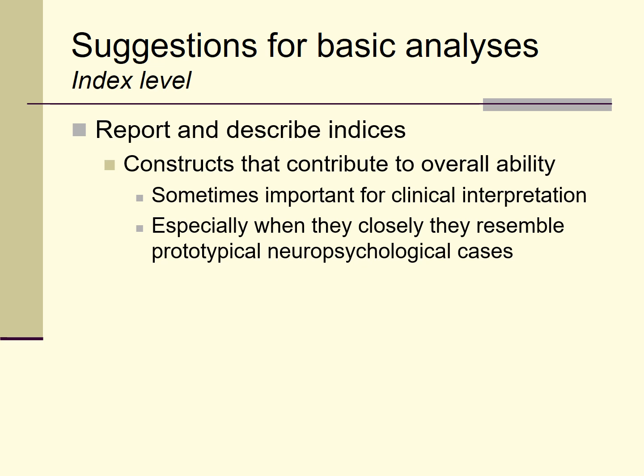And these are sometimes important for clinical interpretation, especially when we can see a profile or a pattern across different indices that resembles a prototypical neuropsychological case. So I'll describe what I mean by that in a few more slides, but first I want to highlight some of these different indices that are on the RBANS and talk about them just a little bit.